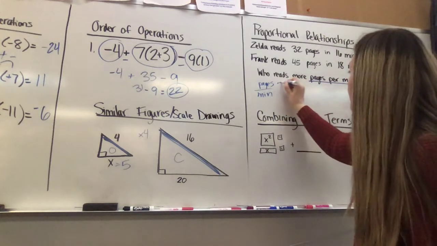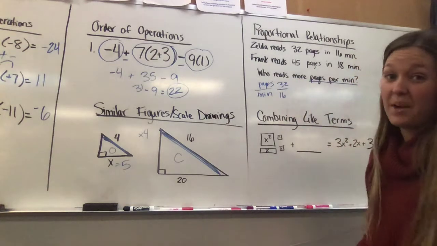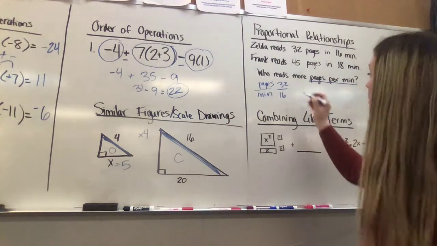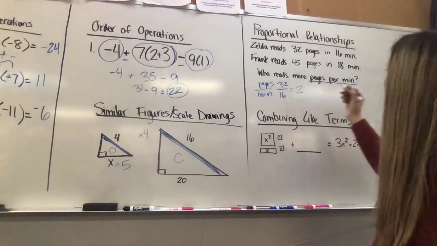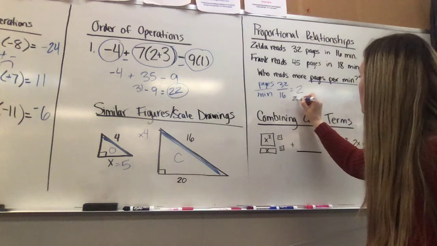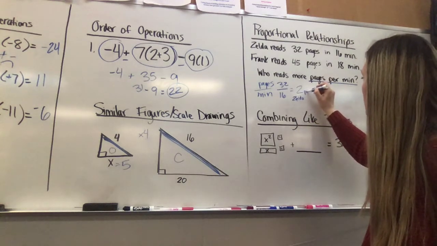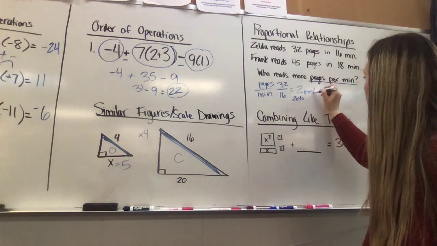So we have 32 over 16. That reduces down to a nice number, which is 2. So this is Zelda. Zelda is 2 pages per minute.